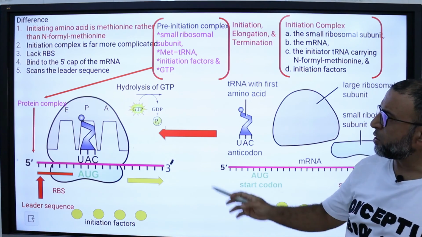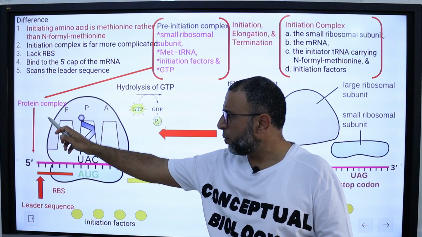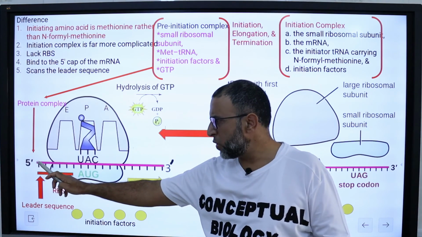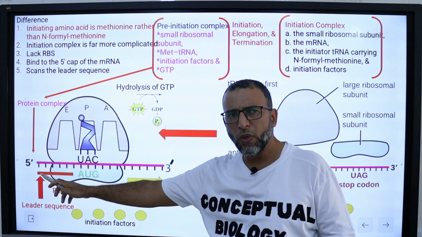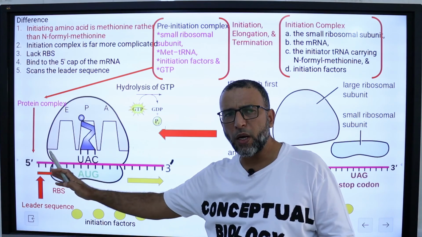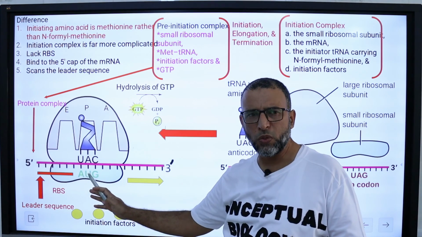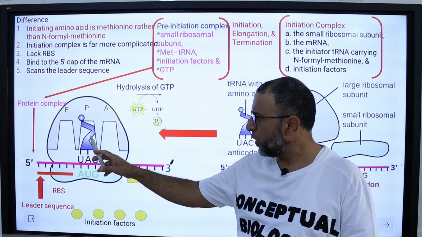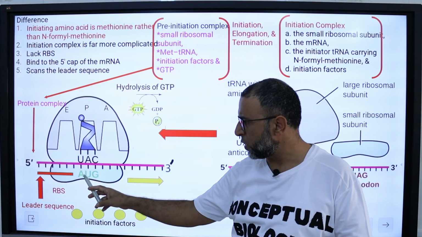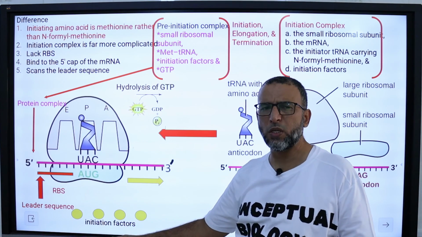This pre-initiation complex binds with a protein complex associated with the 5' methyl guanosine cap of messenger RNA, and this protein complex scans the nucleotides base by base in messenger RNA to locate the AUG sequence. The binding of the initiator methionine tRNA anticodon to the start codon AUG triggers the release of initiation factors.